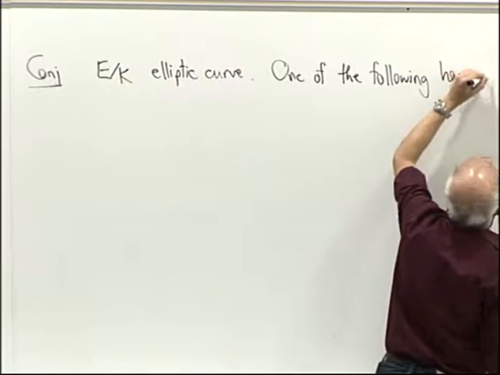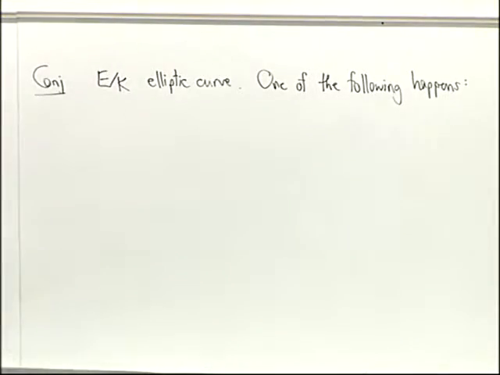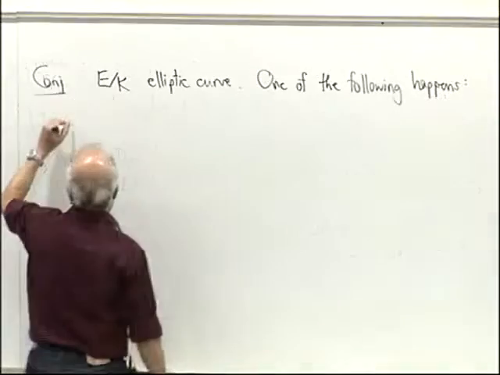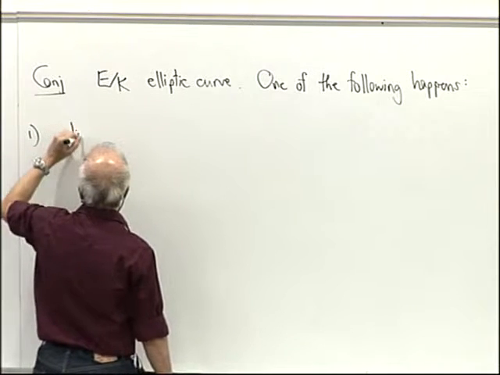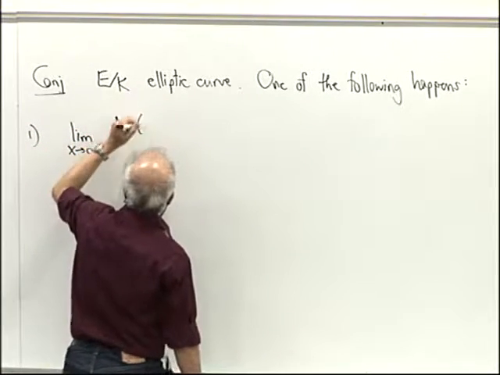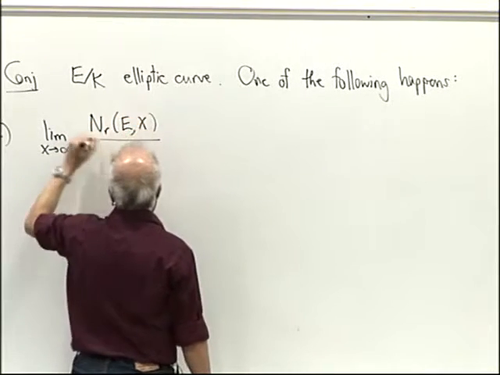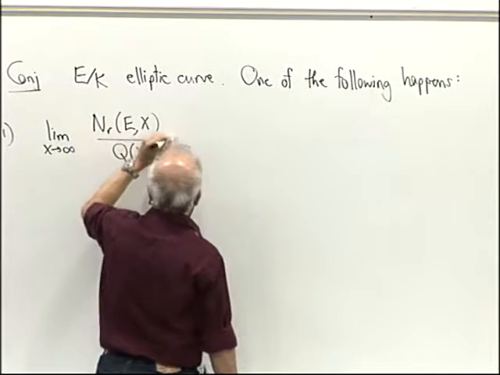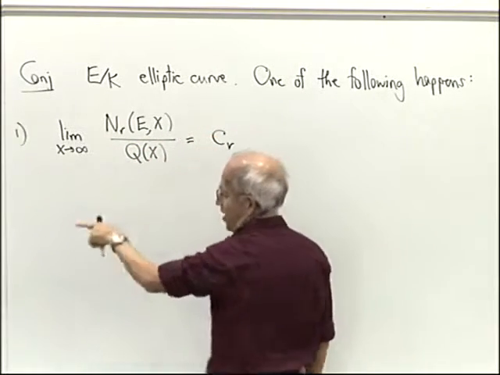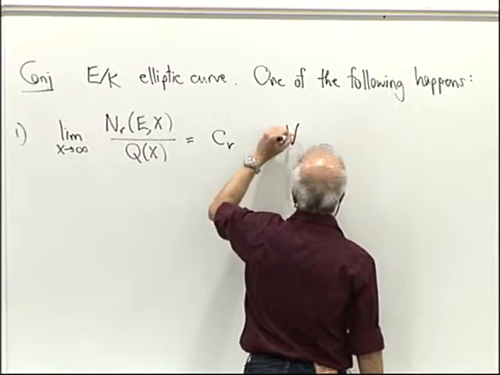The first is exactly this, that the limit as x goes to infinity of the number of twists with Selmer rank r is C_r, with the same C_r, and this is for all r.